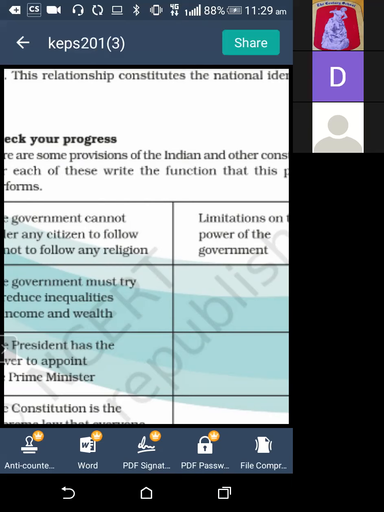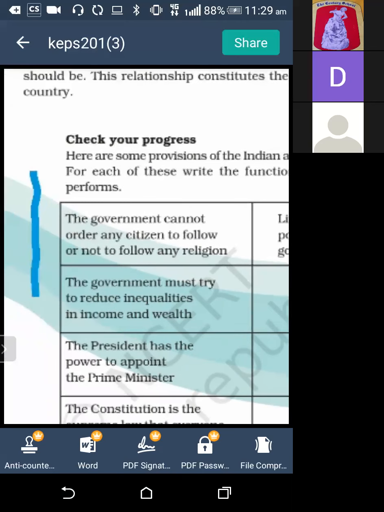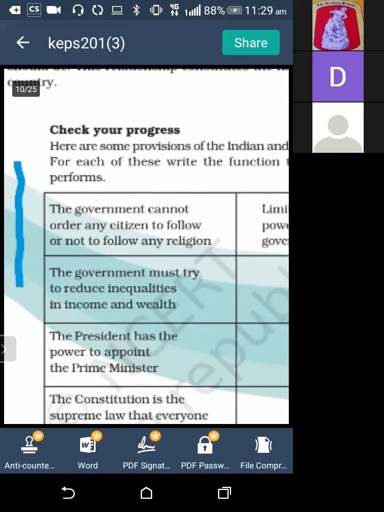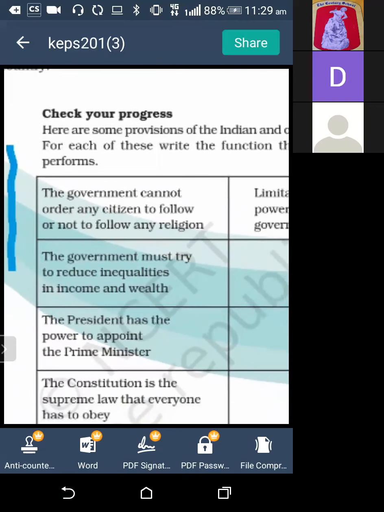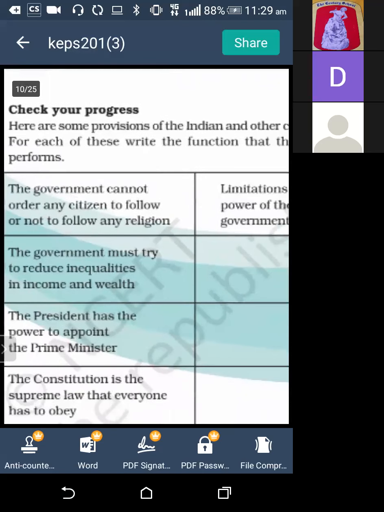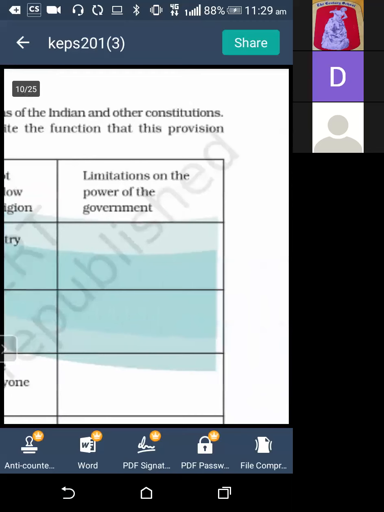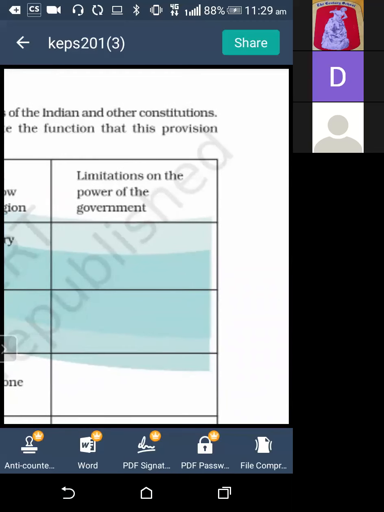Next point is, the government must try to reduce inequalities in income and wealth to support the sense of socialism. आप यहाँ पे blank में लिखिए, to support the sense of socialism. First क्या है, the government must try to reduce inequality in income and wealth.